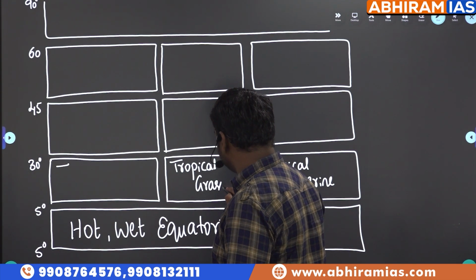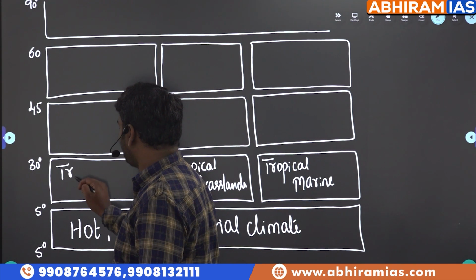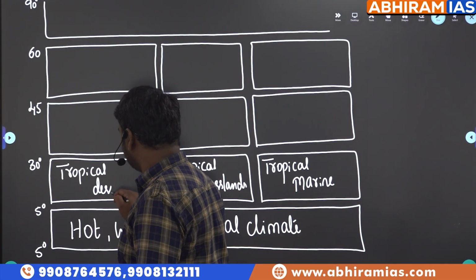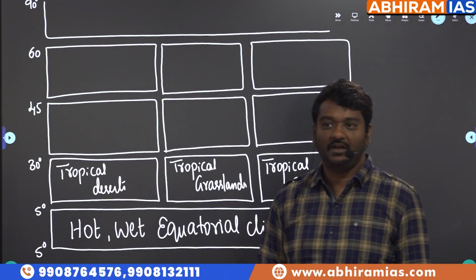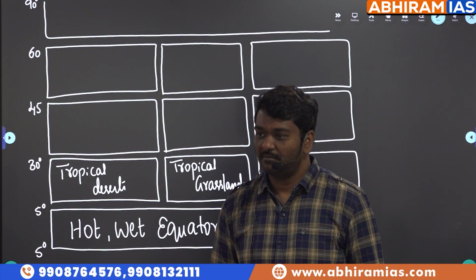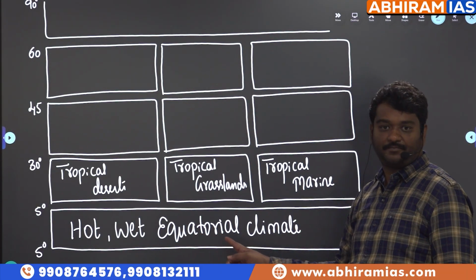Tropical grasslands. How to remember? Just see here. Amazon and Congo. Where will you normally have? Equator. So that is hot wet equatorial climate.